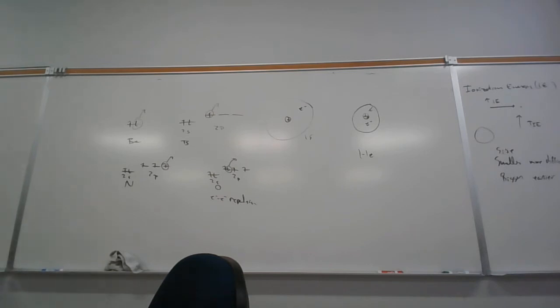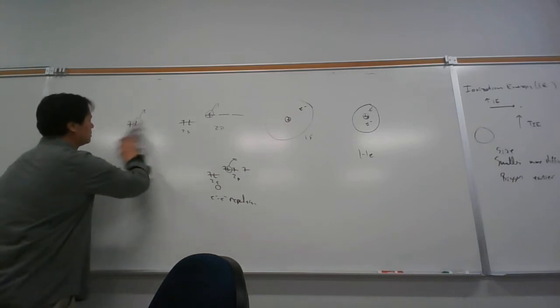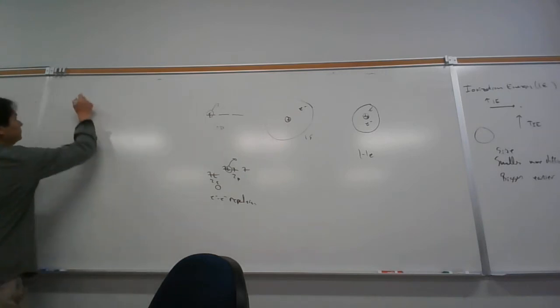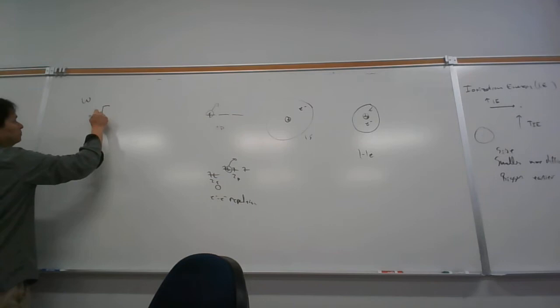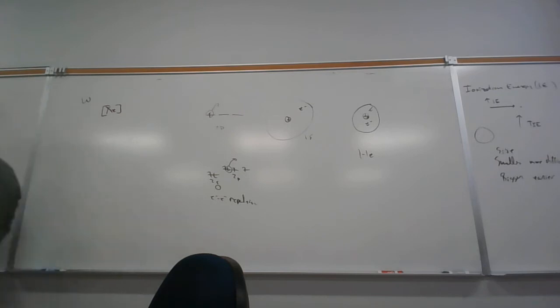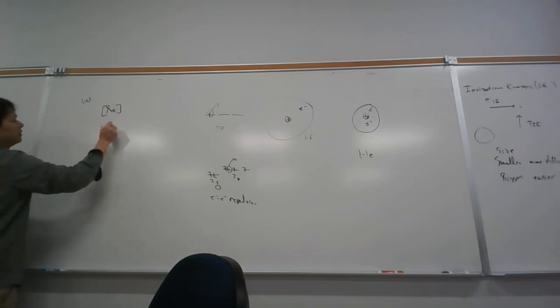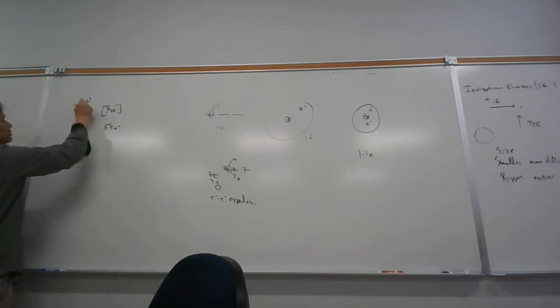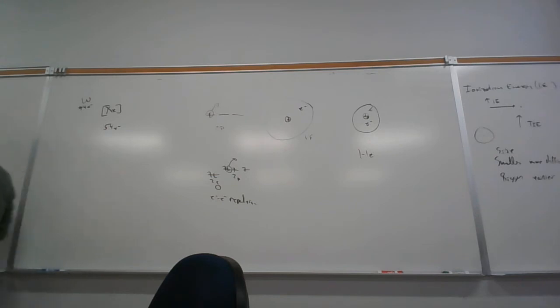So let's start off with xenon. That has 54. Now where does the 55th electron go? Tungsten has 74 electrons. So this is 54 electrons, this is 74 electrons. So where does electron number 55 go?